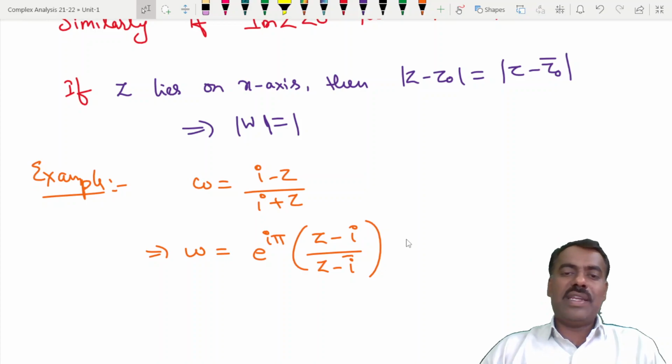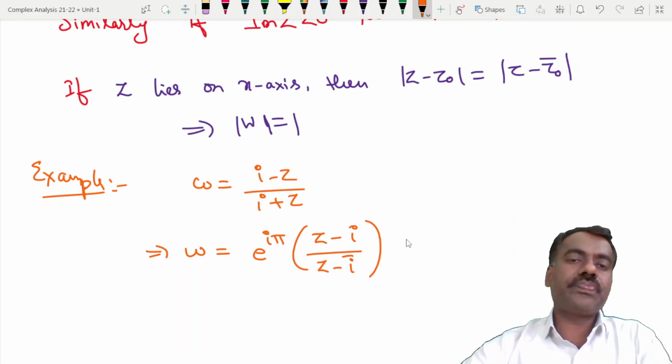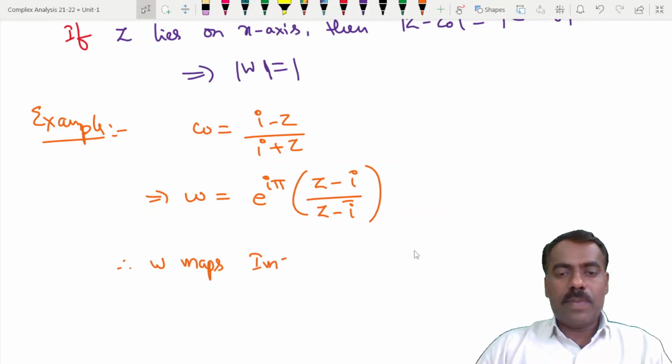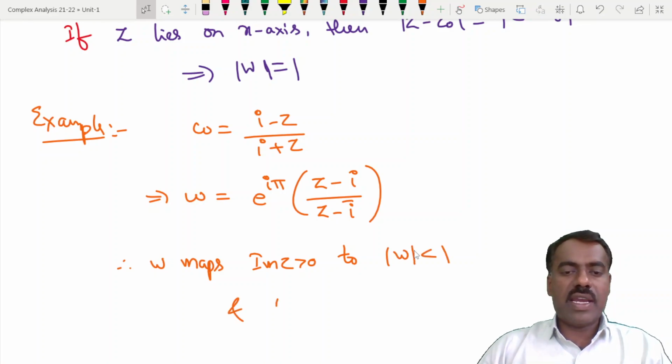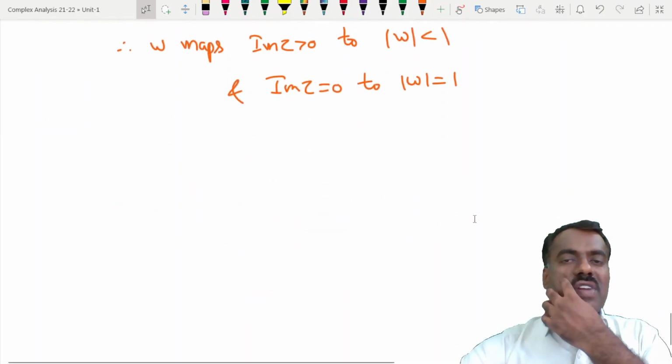So z minus of −i is z + i. So clearly w is in the above format, right? Therefore w maps the upper half plane to |w| greater than 1, and imaginary part of z equal to 0 to |w| equal to 1. Okay, fine.